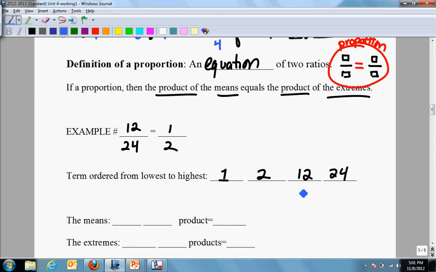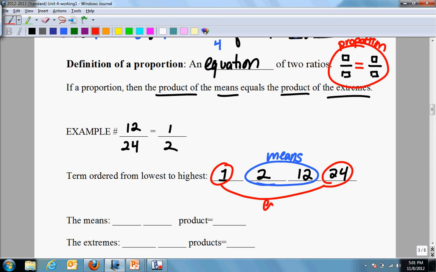The middle terms are called the means. The very beginning and very end are called the extremes. So in this case, the product of the means is 2 and 12.